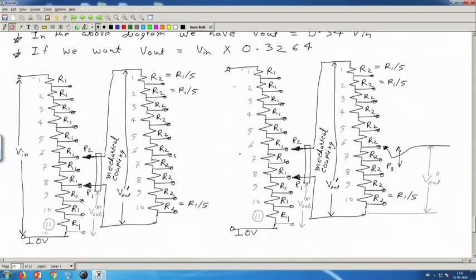So what I need is 11 resistances in the first stage, but since now there is a third stage, I also need 11 resistances in the second stage as well.